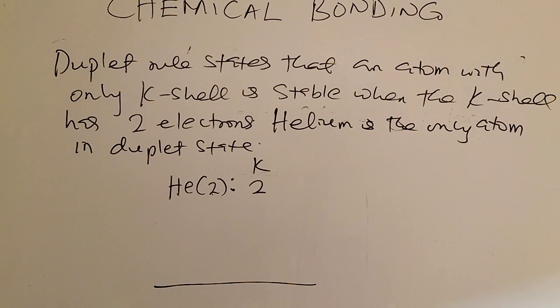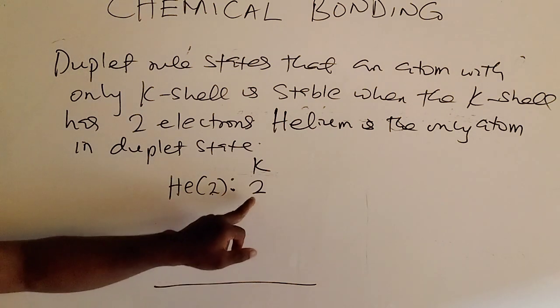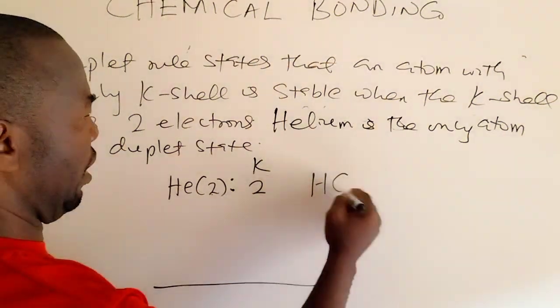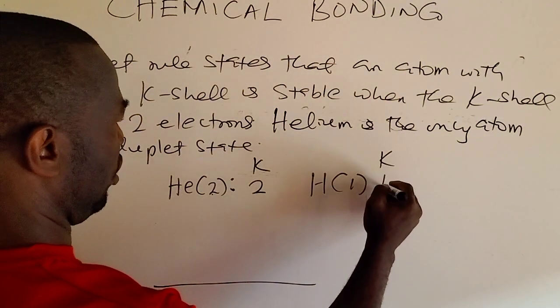The only element during chemical bonding that can satisfy this state when it combines with other atoms, I repeat, the only element that can satisfy or assume the state of helium when it combines with other atoms is hydrogen. Hydrogen atomic number is 1, and it has only 1 electron in the K shell.